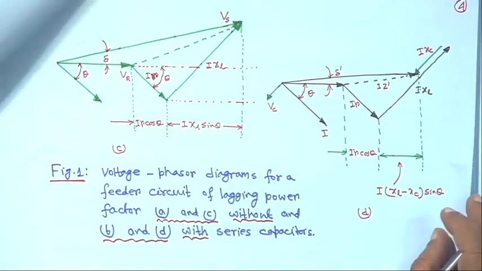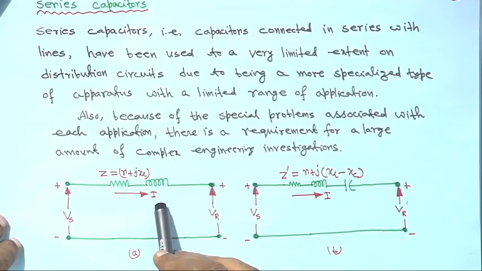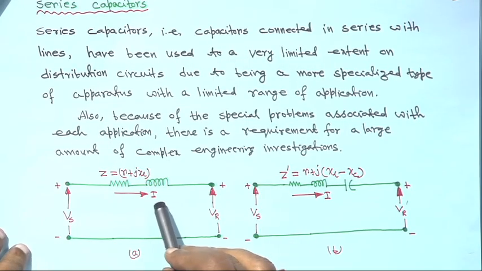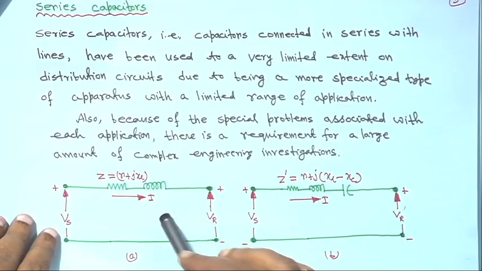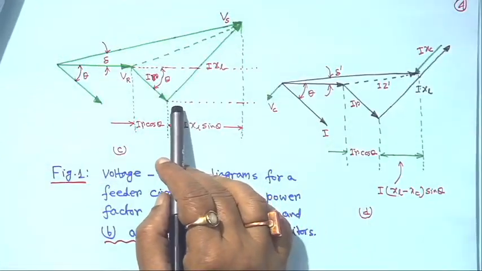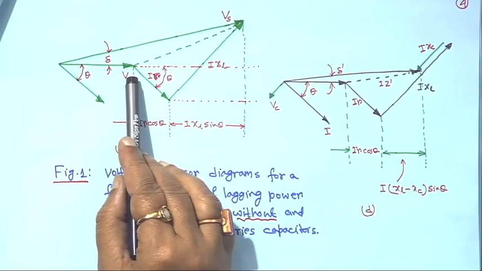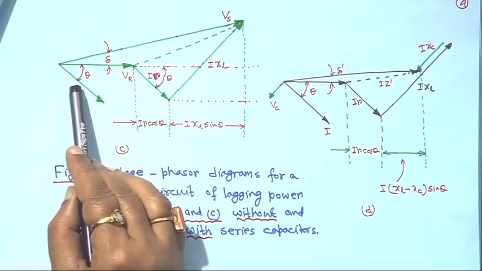If you draw the phasor diagram for this, this is I, and we are taking this current as a lagging current. For the leading current also we will see. Corresponding to figure A, this is the phasor diagram, as we have seen for approximate voltage drop. This is VR, and the current is lagging by an angle theta.